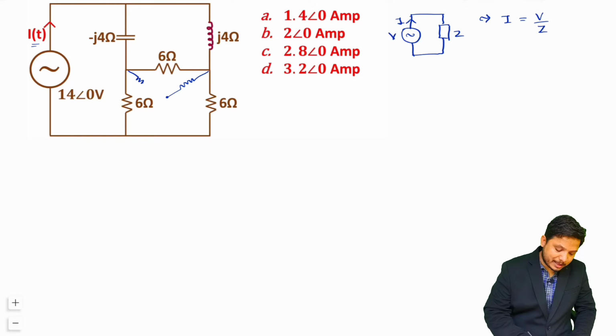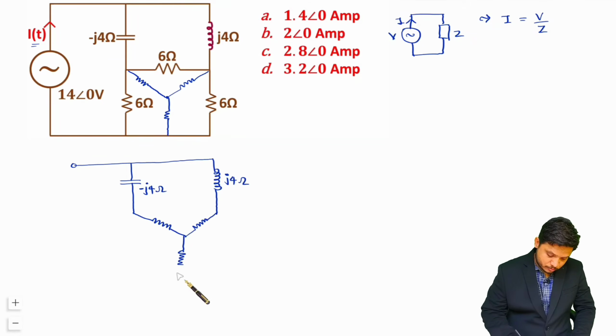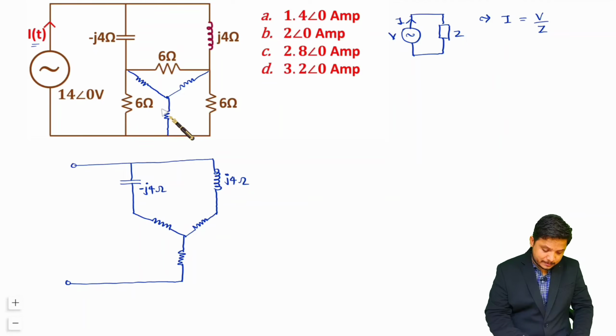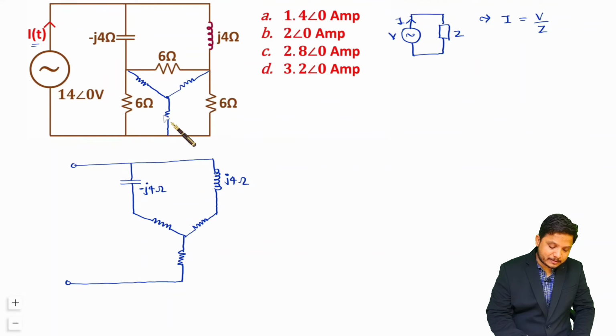For that, if you convert this delta into star, then you can convert the given circuit. You see here I am connecting the equivalent star connection of the given delta, right. So let me redraw this much part of the impedance over here. Now we will find the value of this star resistance. See here, all the resistances in the delta are 6 ohm, so I just need to find one resistance only, right. So what is this resistance? This resistance is the multiplication of the side resistances, so that is 6 into 6 divided by the algebraic sum of all three resistances.